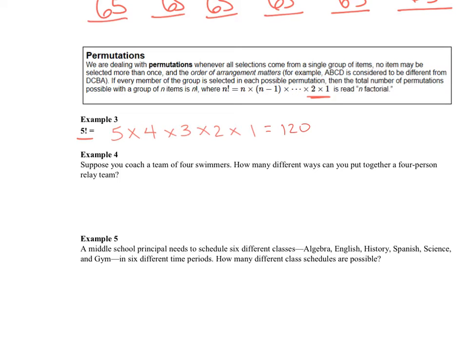So example 4 says, suppose you coach a team of 4 swimmers. How many different ways can you put together a 4-person relay team? And what this means is, on a relay team, let's say we had swimmers, Amy will represent as A, Beth will represent as B, Crystal will represent as C, and Danielle will represent as D. So if these four swimmers form the race, the relay race, you have your backstroke, your breaststroke, your butterfly, and your free.